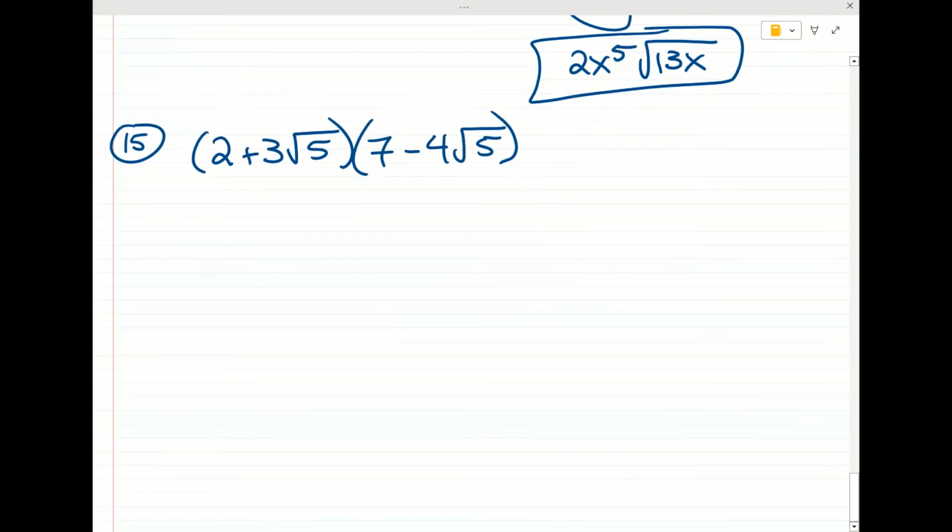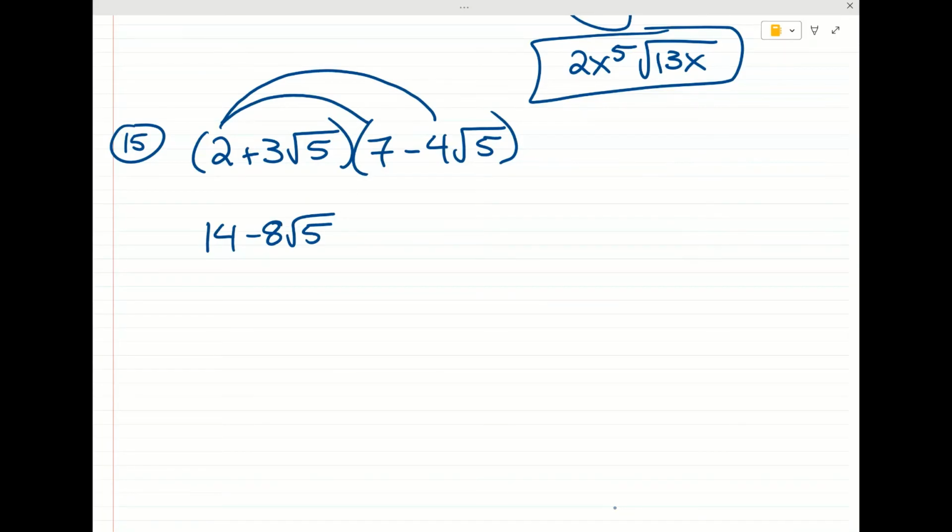So let's go ahead and multiply these out. 2 times 7 is 14. 2 times negative 4 root 5 is negative 8 root 5. Remember, when you're multiplying radicals, you multiply the outside numbers and you multiply the inside numbers. This would be 21 root 5. And then the last numbers would be negative 12 square root of 25.